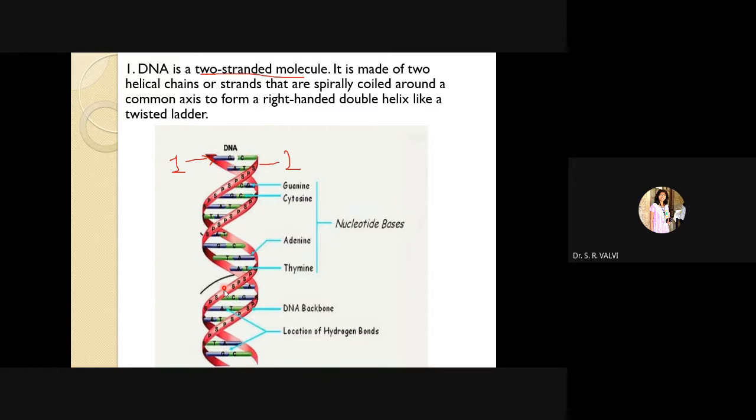This is the central common axis, around which the double-stranded DNA is spirally coiled, right? So this is the two-stranded molecule. Understand this first characteristic of DNA: it is two-stranded, and around the common central axis, these two strands are helically present.